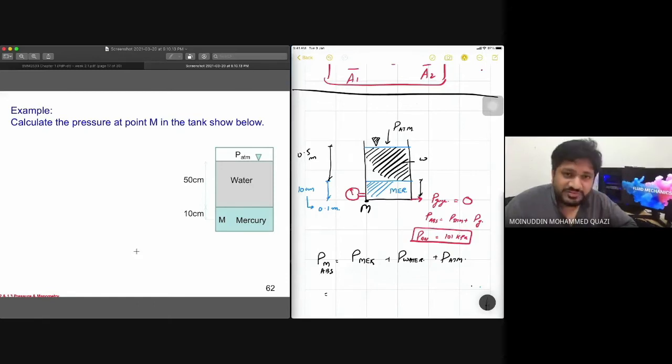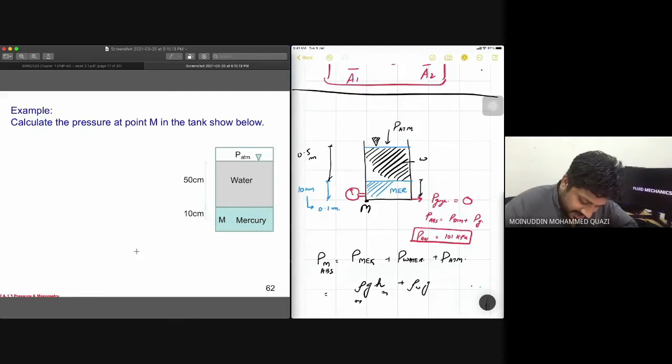So what is the pressure formula? The pressure formula is rho g h. Now density of mercury, height of mercury, then plus the pressure of water. What is the pressure of water? Rho g h. So density of water, gravity, height of water, plus P atmosphere.